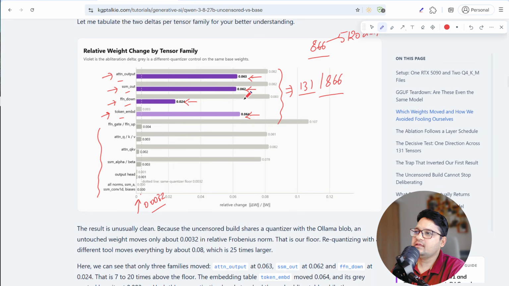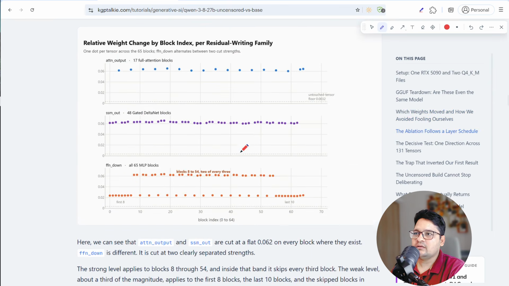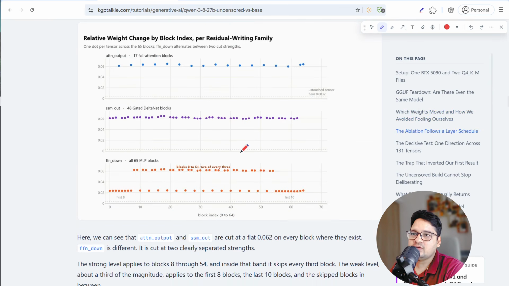We can see this is the base, and if we compare, these are much larger than the standard deviation. And they are not random. You will see they are done in a systematic way.